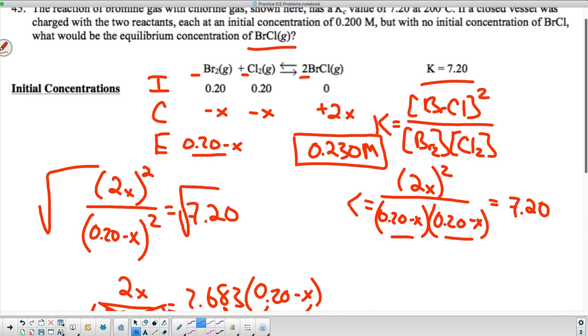Okay? That would, of course, make each one of these then 0.2 minus 0.115 equals 0.085 and 0.085 for equilibrium concentrations. Okay? And that's how you do that problem.